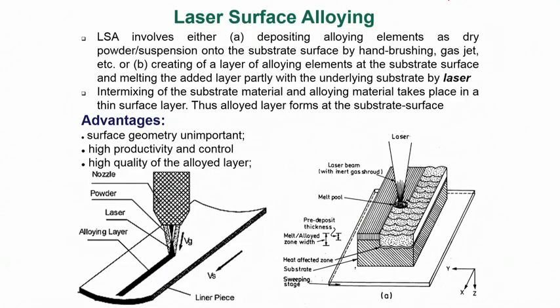So the very process, as I said, laser surface alloying, is meant to, let's say this is a particular component we are talking about, the front view, and this is the cross section, this is the layer we want to create.